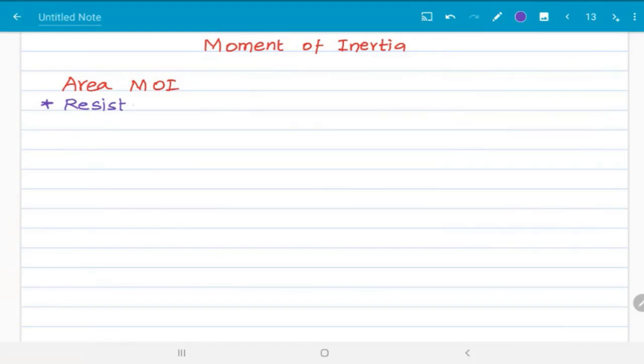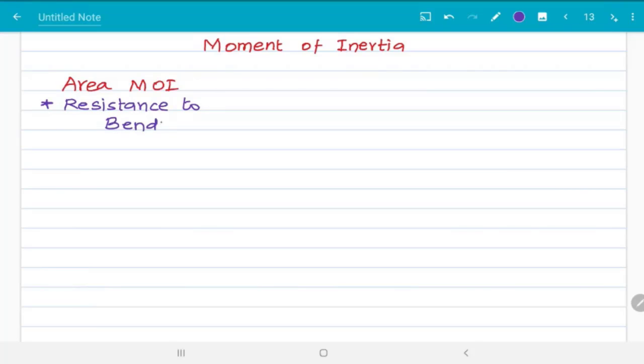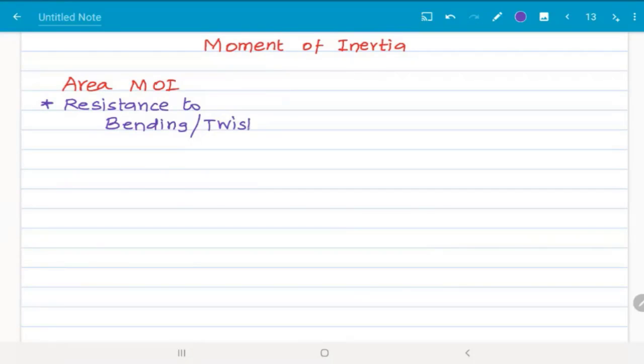Resistance to bending or twisting, right? What do you mean by mass moment of inertia?